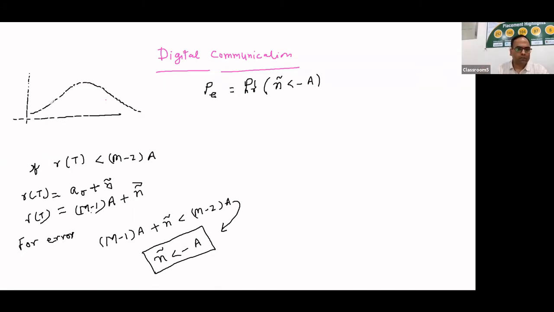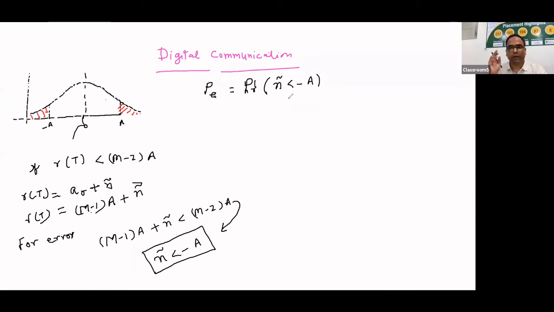If this is minus a and this is a, and this is a zero mean Gaussian function, this is 0, right? Then the probability that n tilde is less than minus a, for example this region, will be symmetrically equal to the probability that n tilde is greater than plus a, right? So mathematically, we can take advantage of this property.